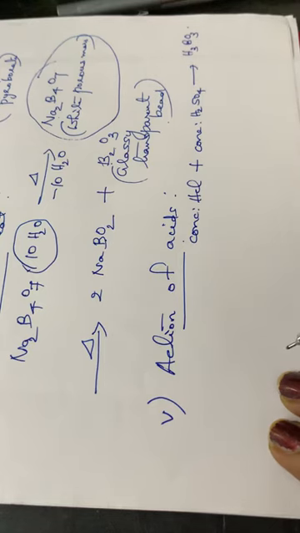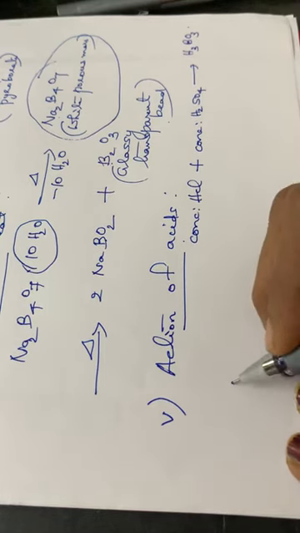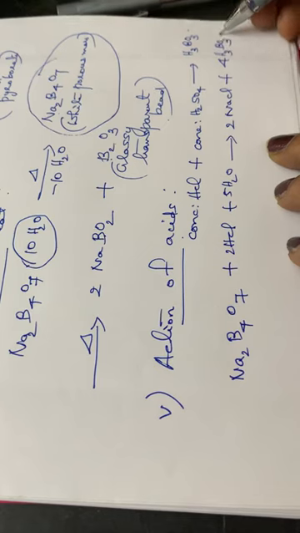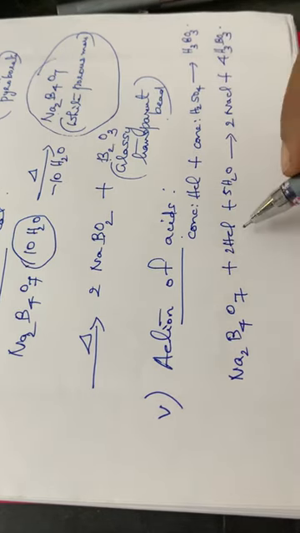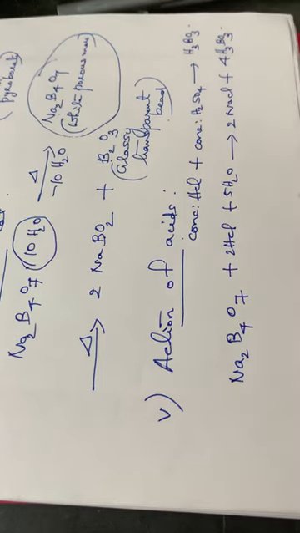So write down the equation. Borax, Na2B4O7 plus 2HCl plus 5H2O giving 2NaCl plus 4H3BO3.